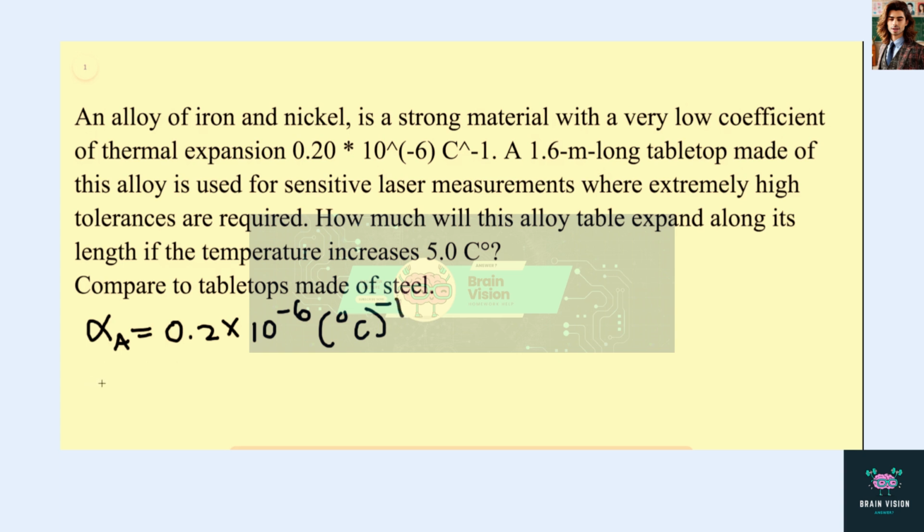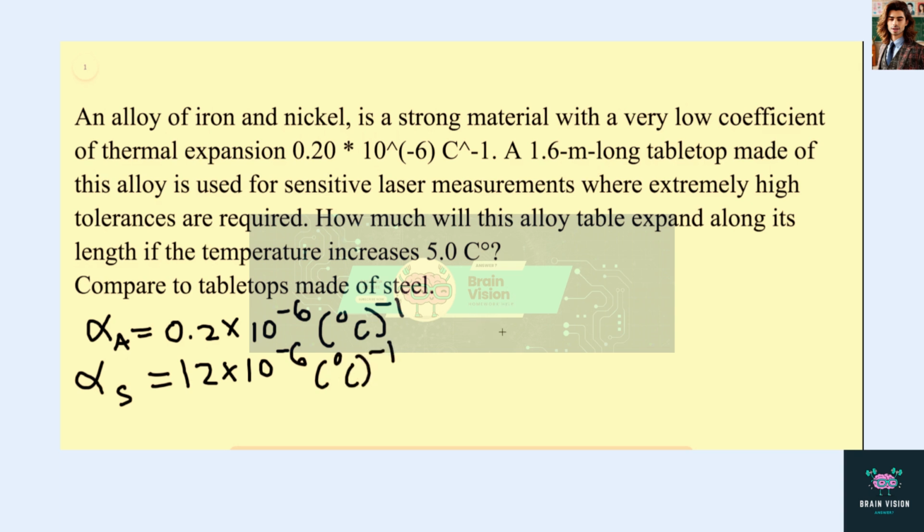We give our coefficient of steel, so alpha S. Now, online values, so if you look up reference values, they vary for steel. The most common one that I seem to be familiar with is 13 times 10 to the minus 6. However, the solutions to this question require you to use the value of 12 times 10 to the minus 6 degrees Celsius to the minus 1.